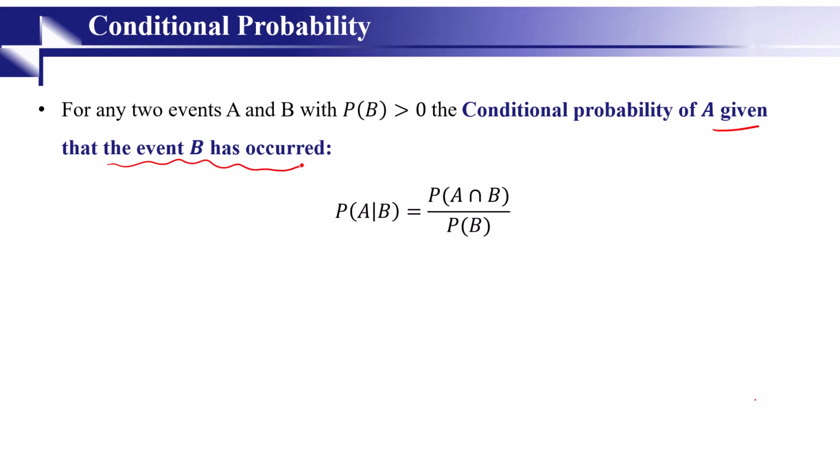Now let's put a mathematical face to conditional probability. For two events, A and B, with the condition that the probability of B is greater than 0, meaning B has already occurred, the conditional probability of A given B is the probability of A intersection B, the probability of both A and B happening, divided by the probability of B. This makes sense, right?